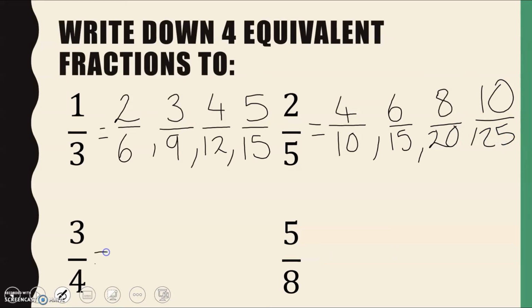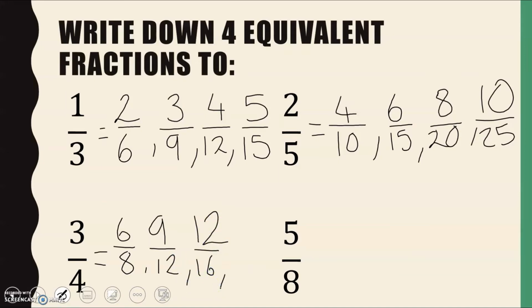For 3/4 then, we should have 6 over 8, 9 over 12, 12 over 16, and 15 over 20. And then last but not least, we would have 10 over 16.